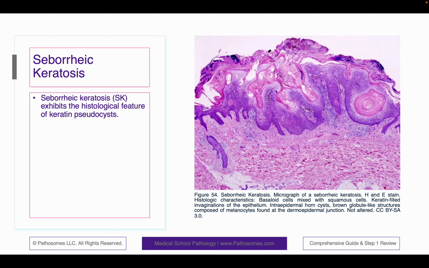Seborrheic keratosis exhibits the histological feature of keratin pseudocysts. To the right here is a great example of seborrheic keratosis. Note the basaloid cells mixed with the squamous cells and the keratin-filled invaginations of the epithelium. Note the intraepidermal horn cysts and the brown globule-like structures composed of melanocytes found at the dermal-epidermal junction.